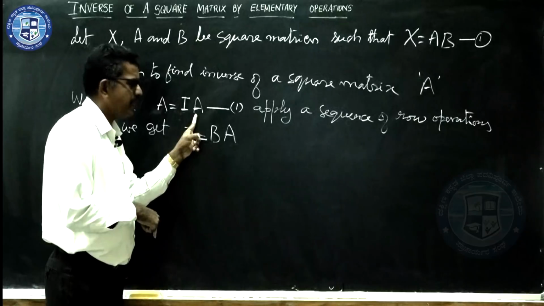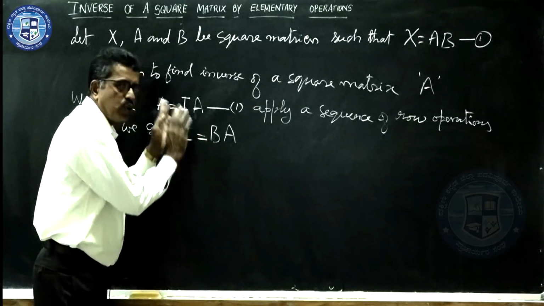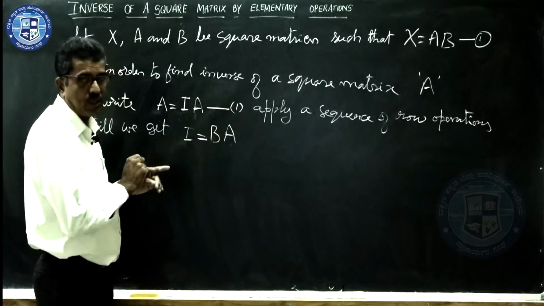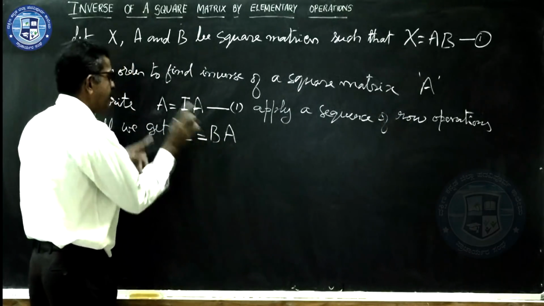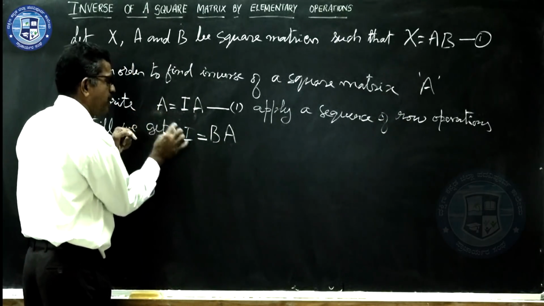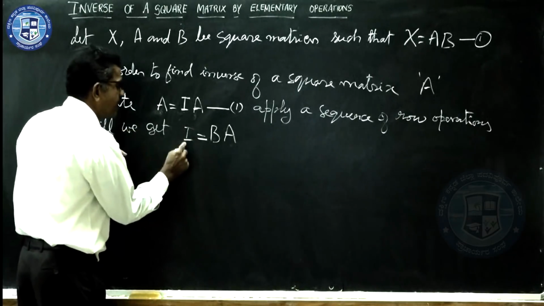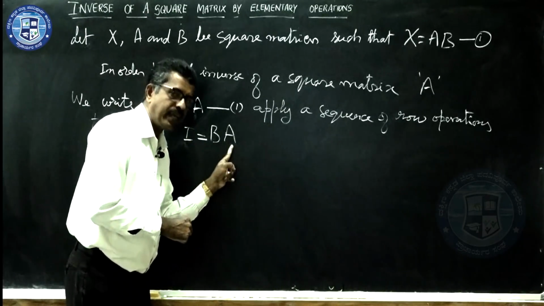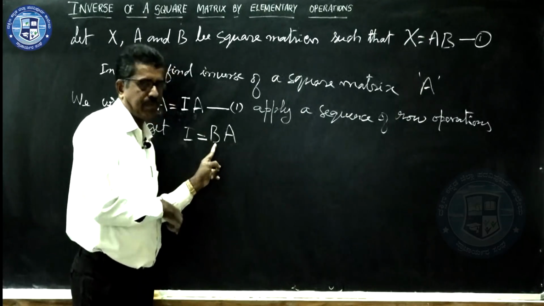But you need not copy down the same matrix A as the second one; you keep it as A only, and then apply the sequence of row operations till we get I on the left hand side. The second matrix will remain the same A, and the first matrix will be transformed; I name that as B.